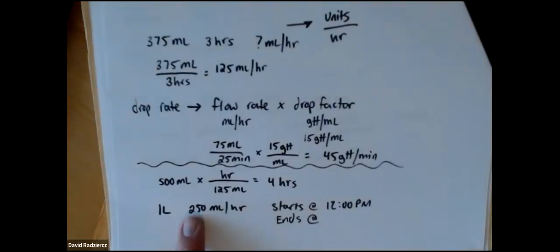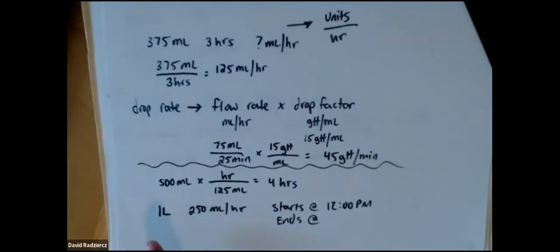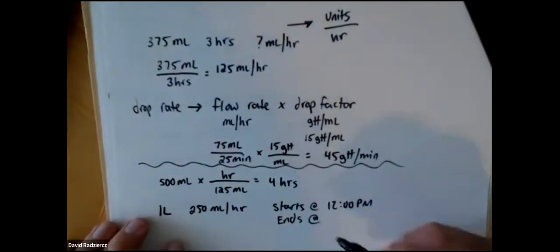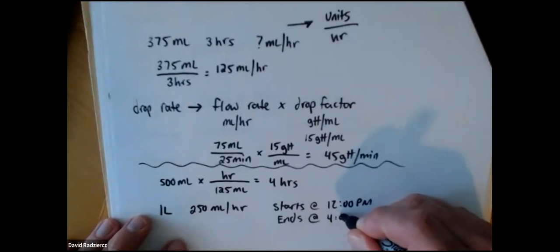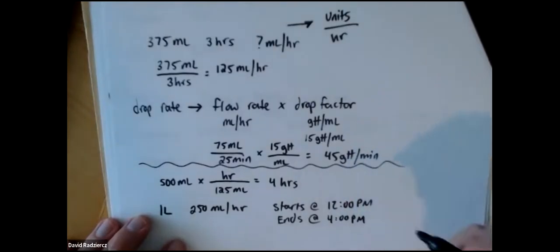And then in 4 hours, it would be 1,000 milliliters, which is the same thing as 1 liter. So this scenario would also take 4 hours. So if it started at noon, then you would know it would end at 4 p.m. because it took 4 hours.